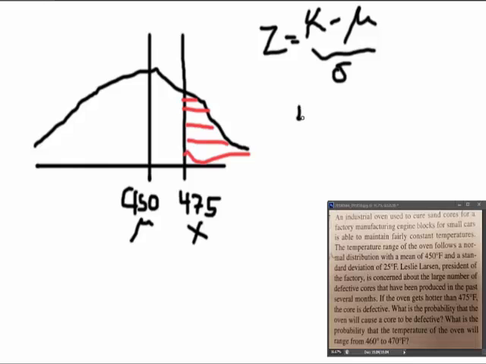So we have 475 minus 450, divided by 25, and the answer to this is 1.0.